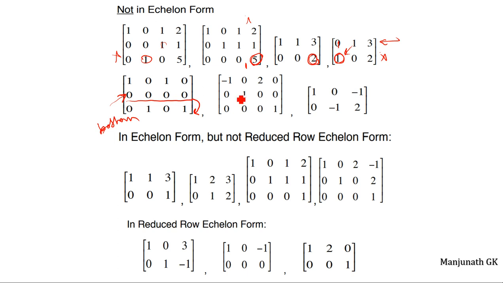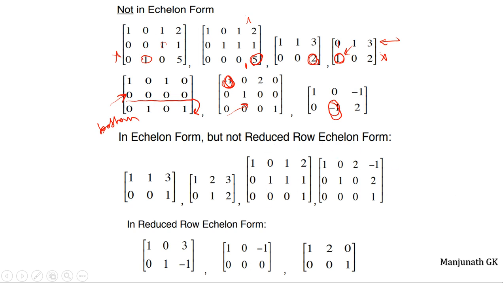And what is the difference here in this vector? The leading coefficient is -1, so it is not in echelon form. And what about this? It is also having a -1, right? Now they are in echelon form. These vectors are in echelon form, but not in reduced row echelon form.